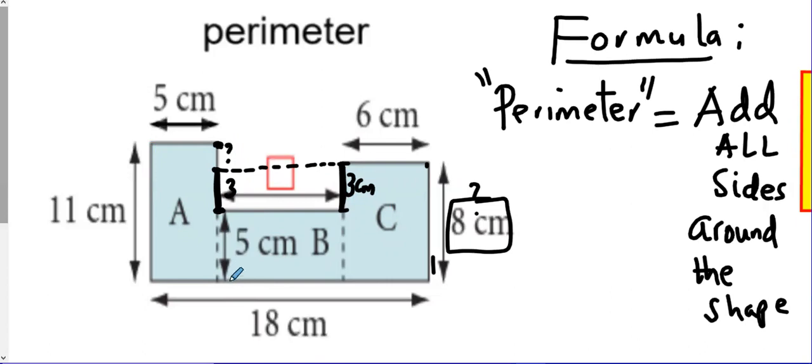How do I figure that out? This is 5 plus 3, which is 8. Now we need the full length from here all the way down, which is 11. So 8 plus which number gives you 11? That will be 3.